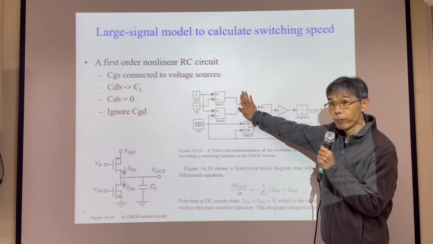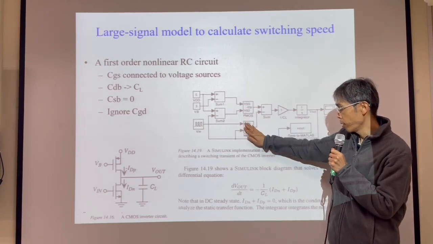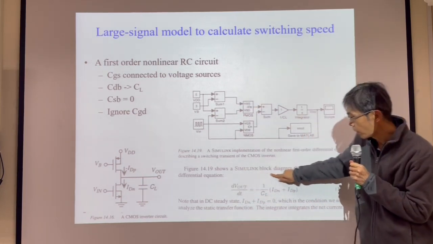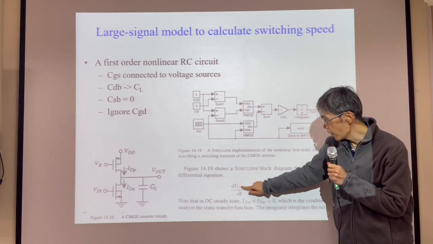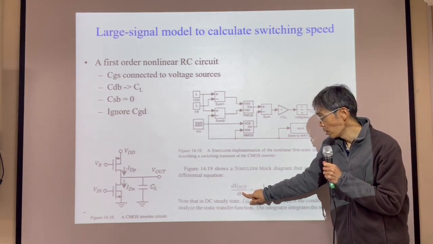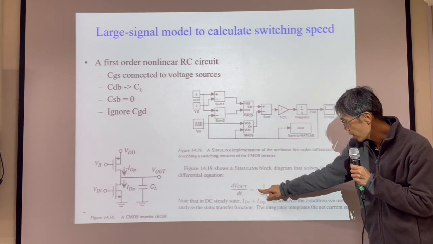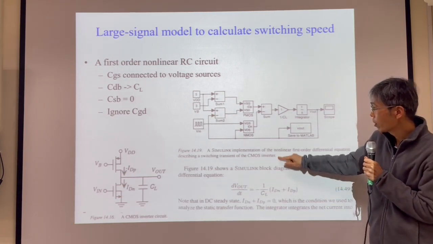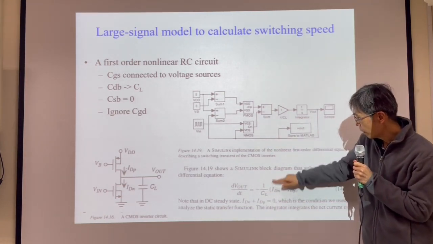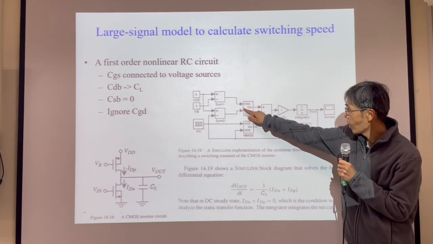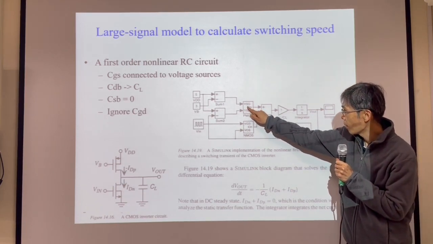So we have the PMOS model and the NMOS model, but we have this circuit behavior. dVout/dt is minus IDN, minus IDP, so IDN with a plus sign, and this is minus.